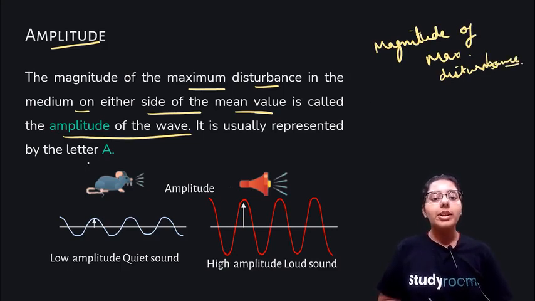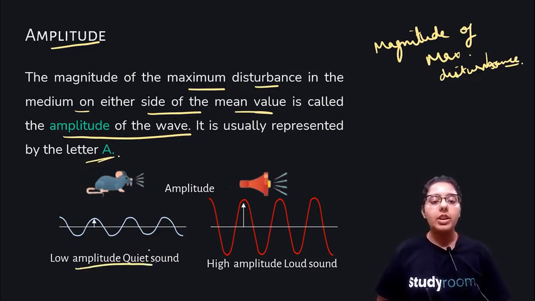It is usually represented by A. So this is a low amplitude, a quiet sound like shh, hello, hello. This is a low amplitude sound. Hello. This is a high amplitude sound, right? So a low amplitude sound is very quiet, very low. And a high amplitude sound is a loud sound, okay?